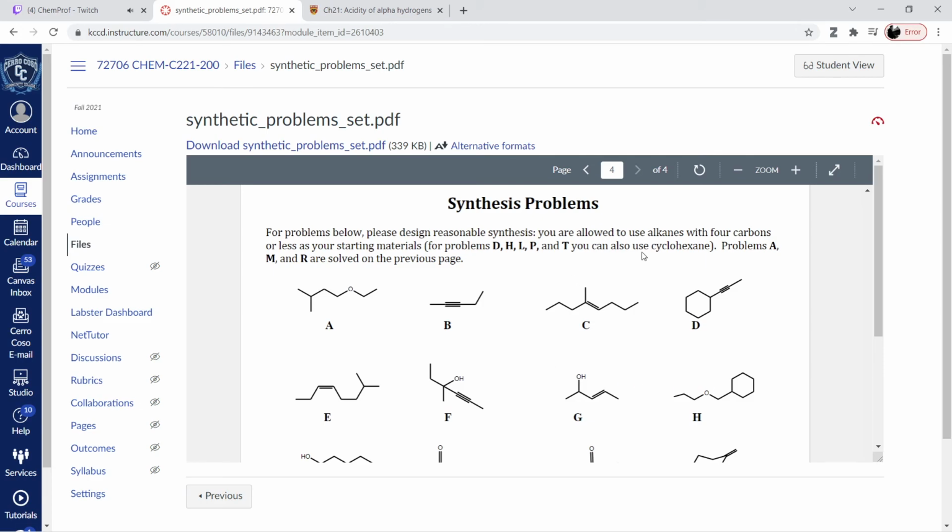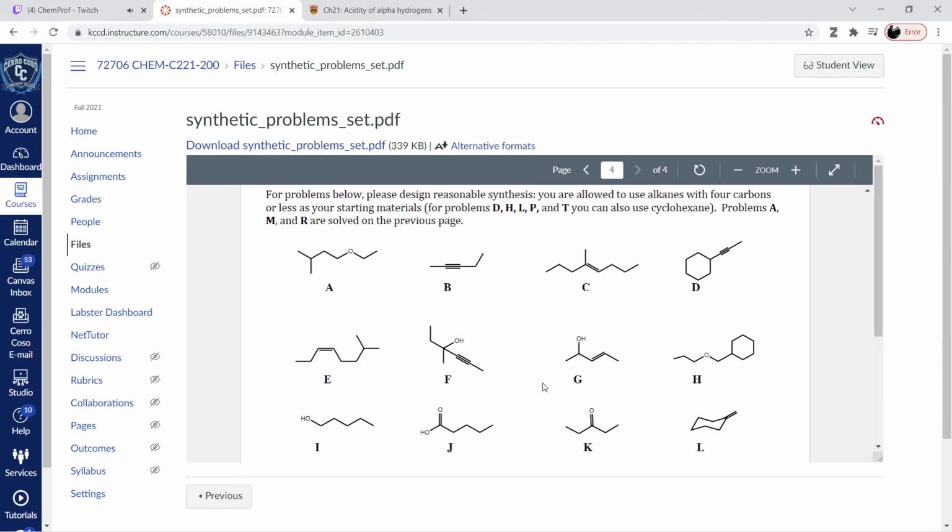So starting with alkanes with 4 carbons, or cyclohexane, try and take a look at some of these. Of course, right now this is intended for the end of the semester, but some of these you can do.